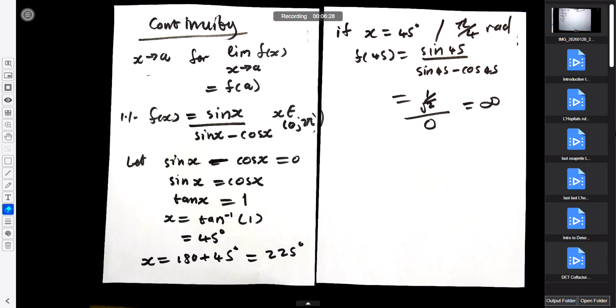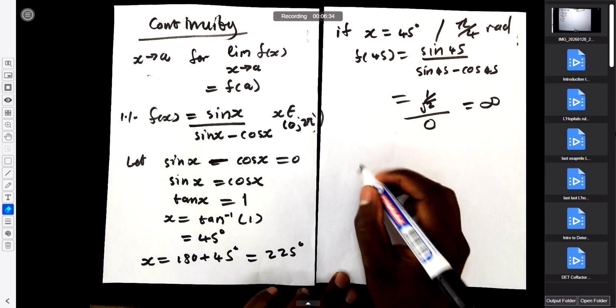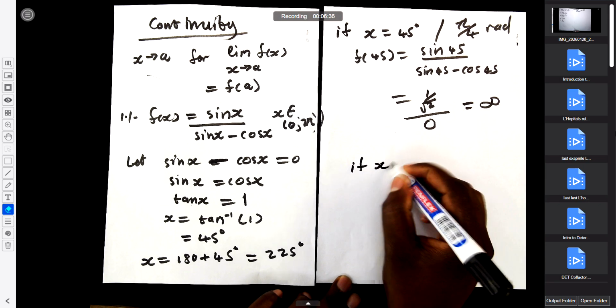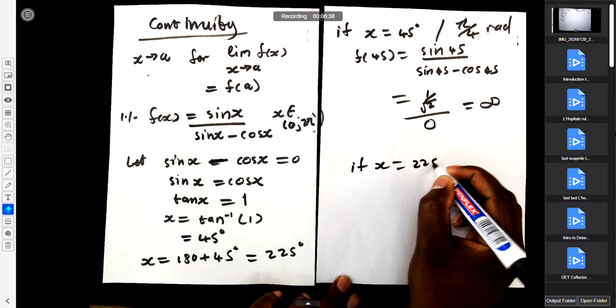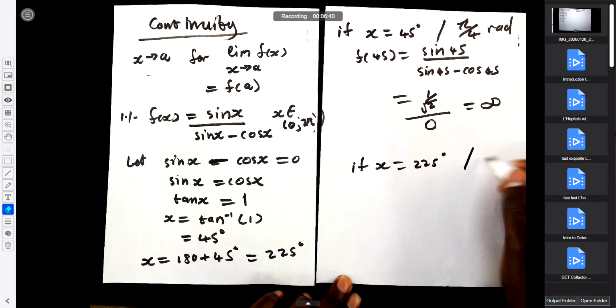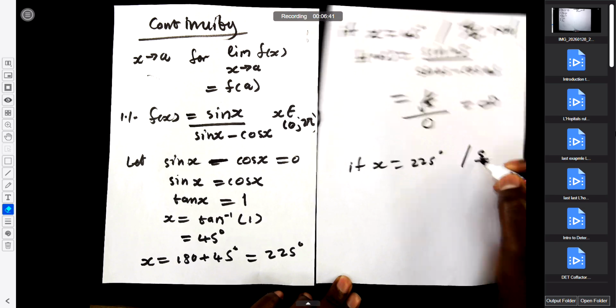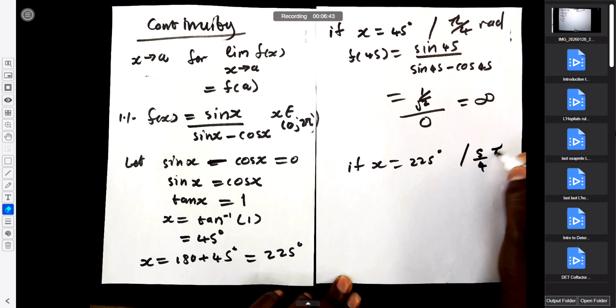And again for 225, you will say 225 divided by 180. So if x is equal to 225 degrees, it is 5 over 4 pi.